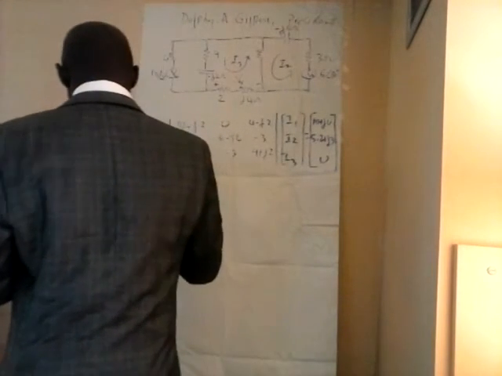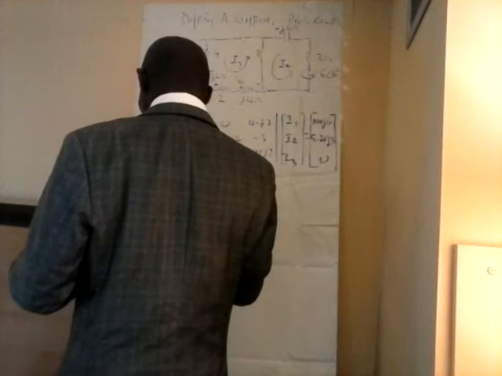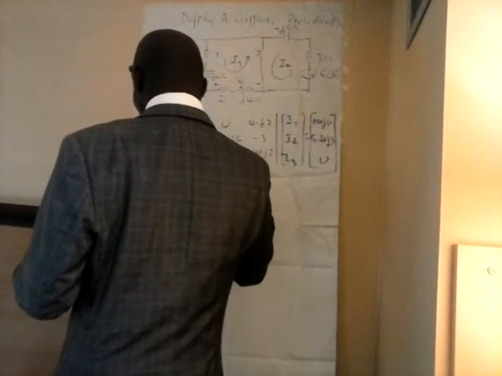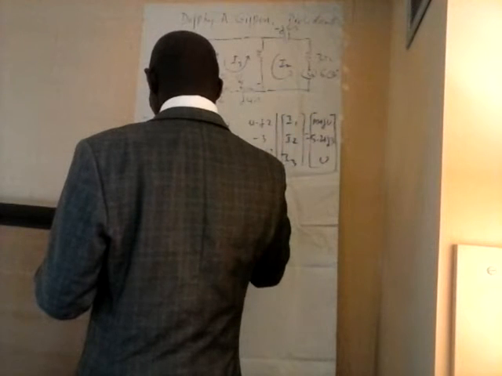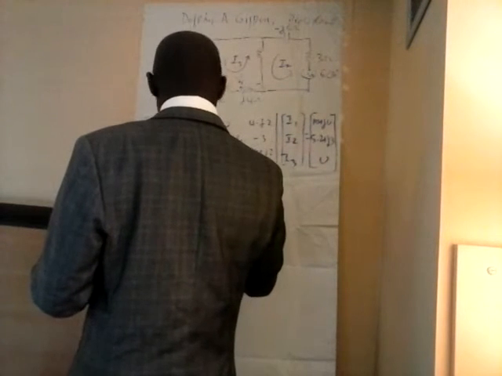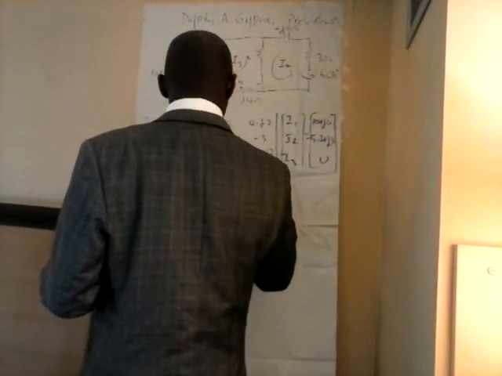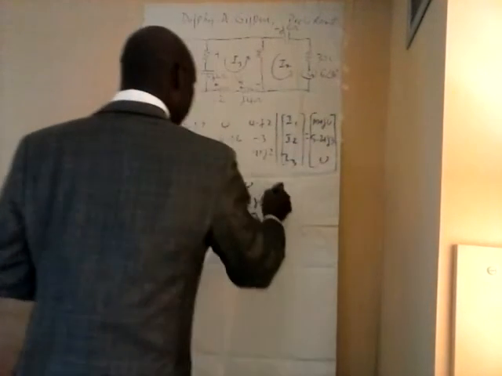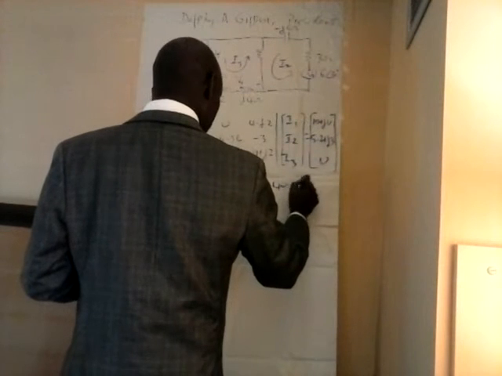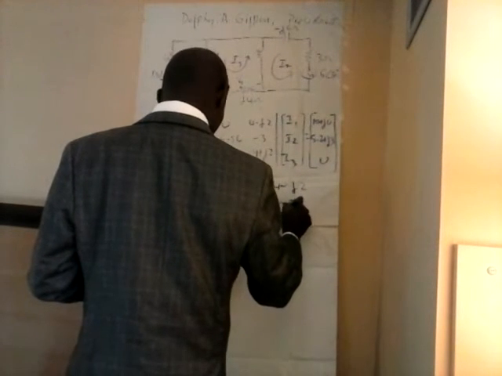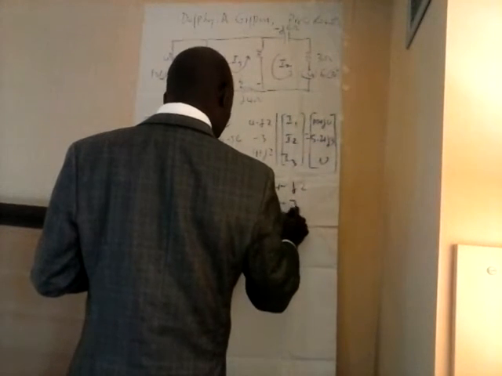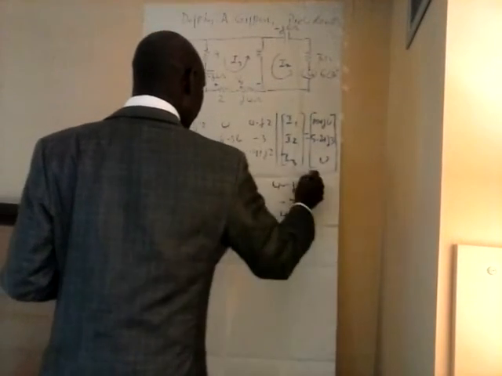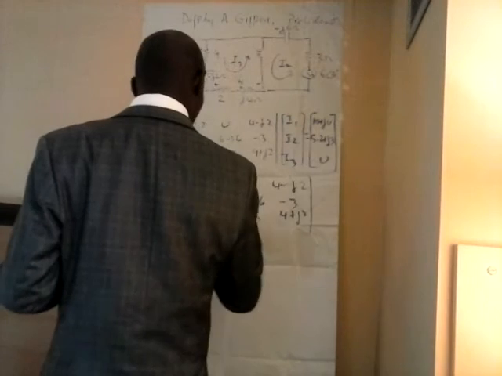And so, what we have here now is that in determining I1, we'll have now 10 plus J0, 5.2 plus J3, 0, 0, 6 minus J6 minus 3, 4 minus J2 minus 3, and plus J2. And this is over now there.